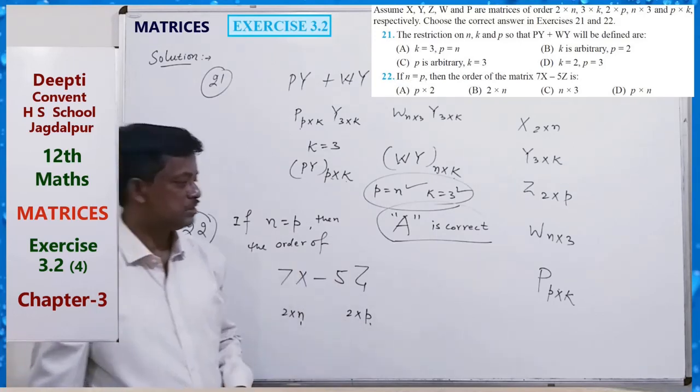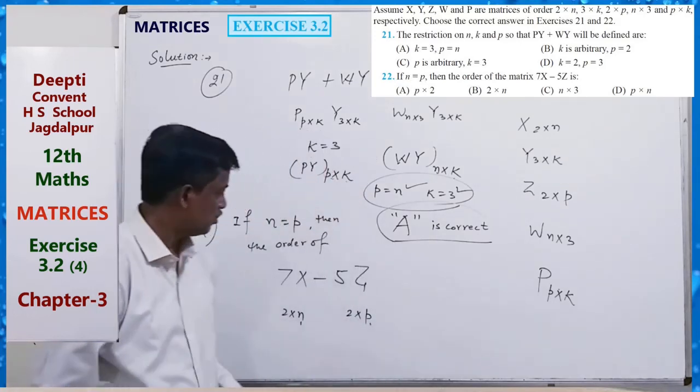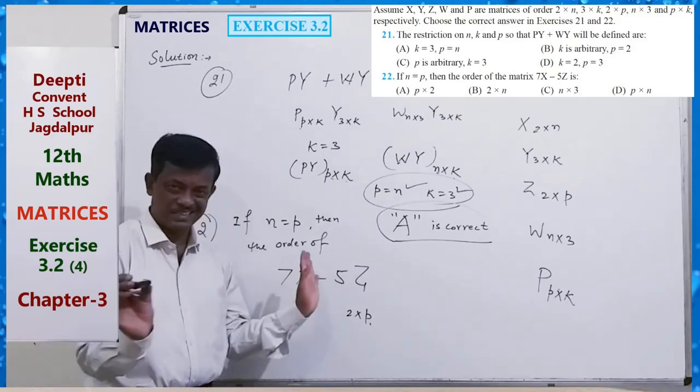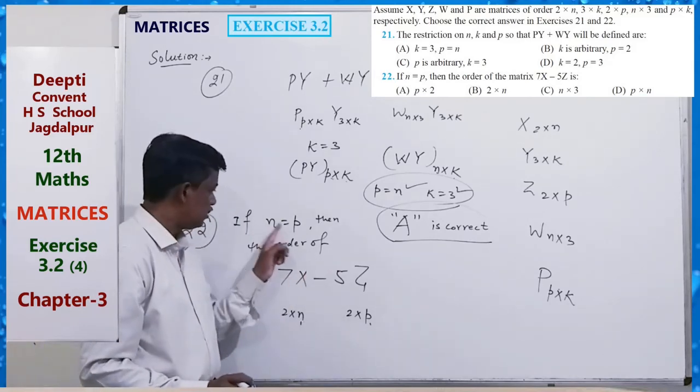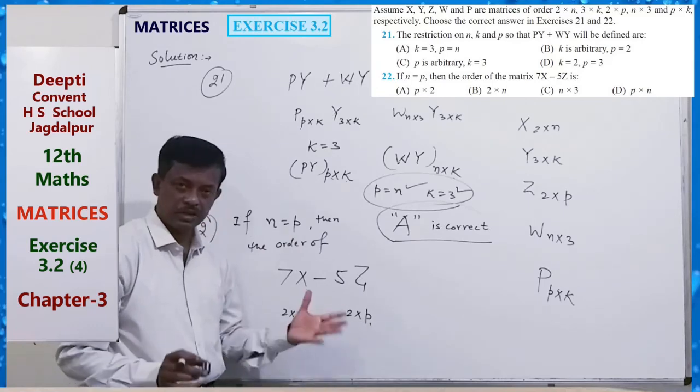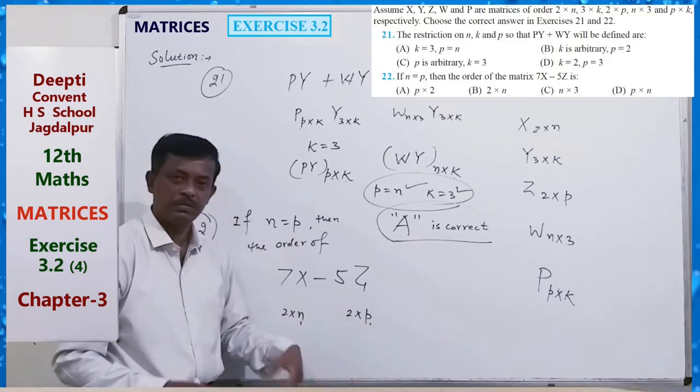So what is the option? Its order will not change, because n and p are both equal. So 2 by n and 2 by p mean the same.